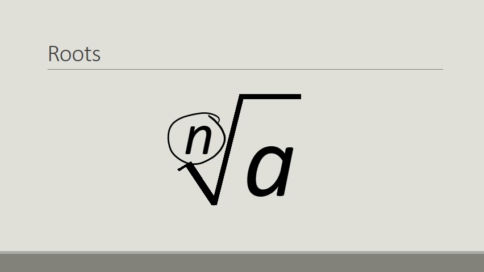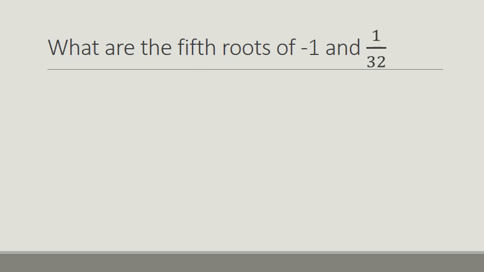This is our index. Okay. And it's going to tell us how many groups of numbers we need to simplify. So when we're talking about the fifth root of -1, that can be written like this.